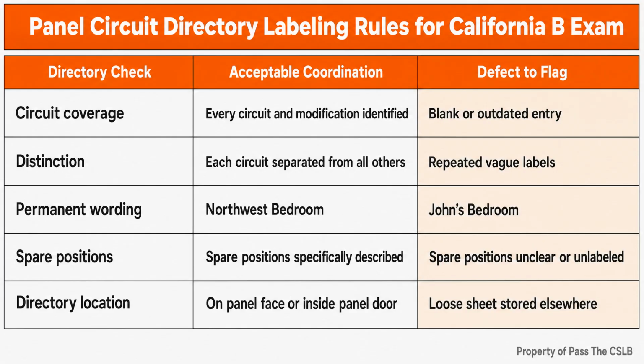The panel directory tells people what the device controls. The required clearances let someone reach and operate it. The disconnecting arrangement determines whether related ungrounded conductors go off together. The termination quality determines whether the connection is tightened to the equipment manufacturer's requirement. Each part supports the others.